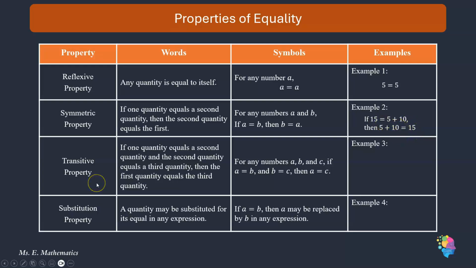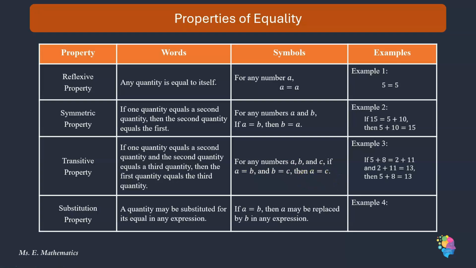Now, the transitive property states that if one quantity equals a second and the second equals a third, then the first one is also going to equal the third quantity. Using symbols, that means that for any numbers A, B, and C, if A equals B and B equals C, then A equals C. Let's do it with numbers now.